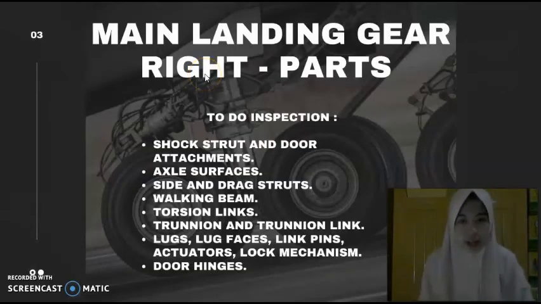As you can see, this slide shows you the parts of main landing gear right to do inspection. There are shock strut and door attachment, axle surfaces, side and drag struts, walking beam, torsion links, trunnion and trunnion link, lugs, lug faces, link pins, actuators, lock mechanism, and door hinges.